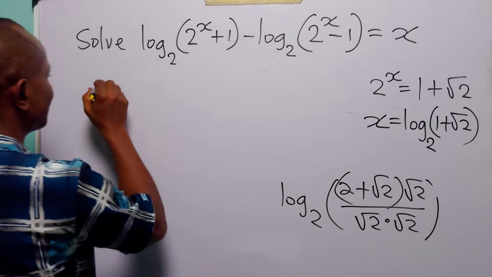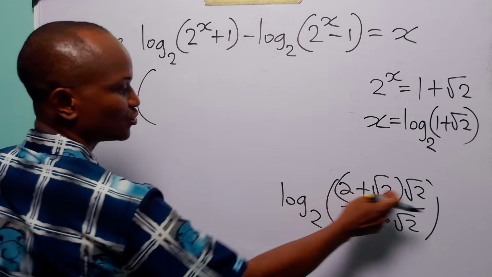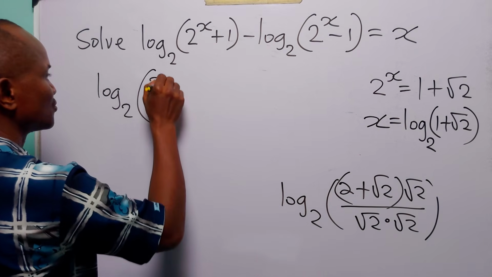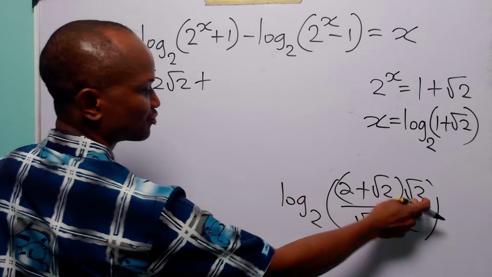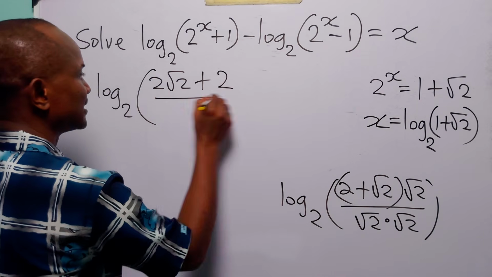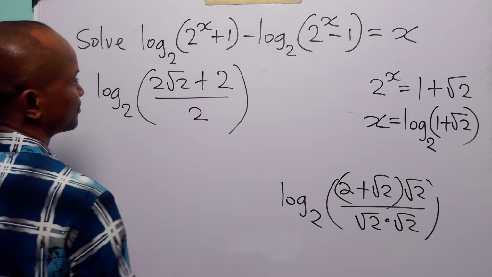And from here we have log base 2 of (2 times root 2 is 2 root 2, plus root 2 times root 2 is 2) divided by (root 2 times root 2 is 2).